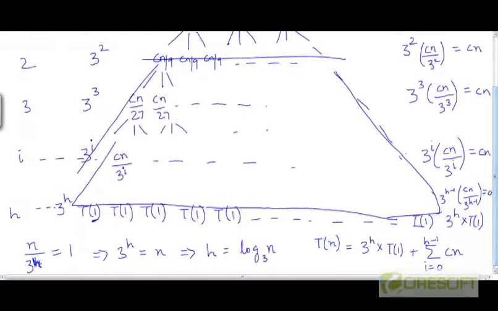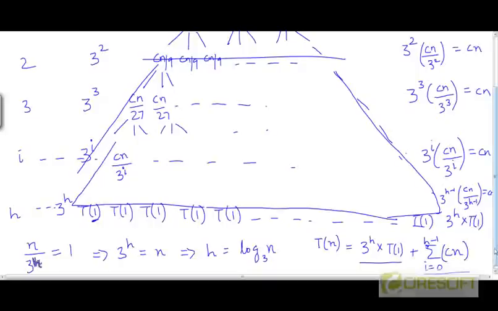One of the points to note here, which you'll see appearing as a pattern in the other examples we take as well: T of n was ultimately written as the sum of 2 expressions, first of which was the number of nodes at level h multiplied by T of 1 plus a series having h terms, one term for each level from 0 to h minus 1.